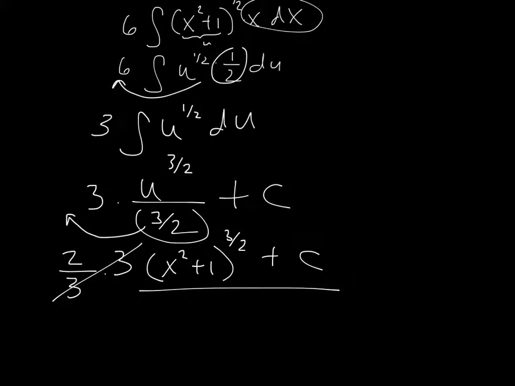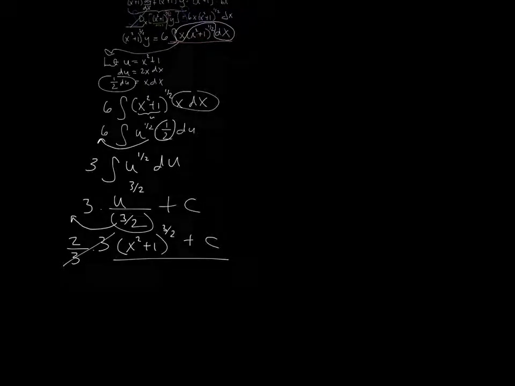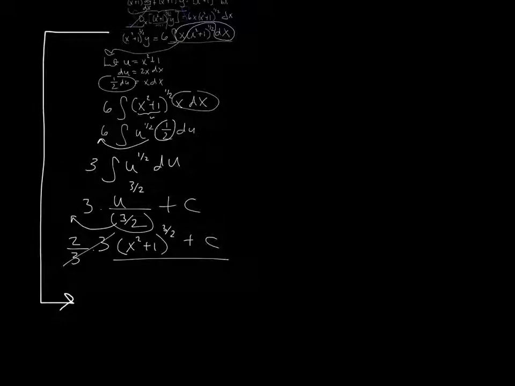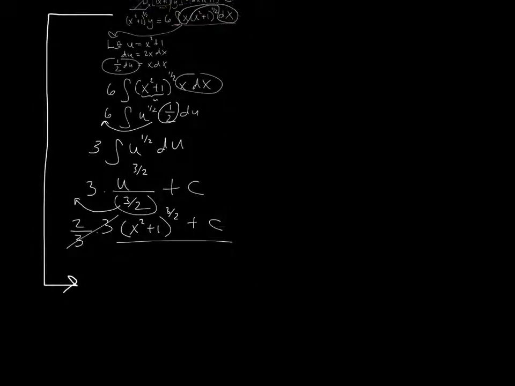So now that we have integrated, let's put all of this together. Again, I'm working from here. We have 2 times x squared plus 1 to the 3/2, of course, plus our constant c, and actually that's the right-hand side.